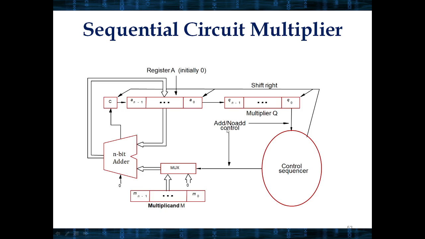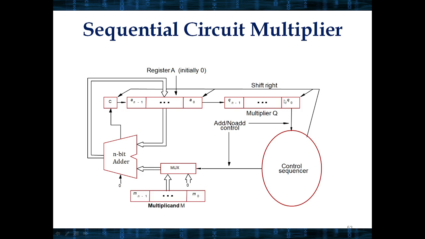If it is add, it has to perform an addition operation. This will be done by using an n-bit adder. It performs the addition operation by taking the multiplicand value and the A value.